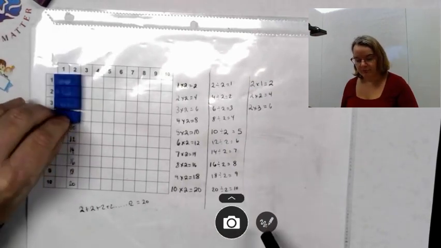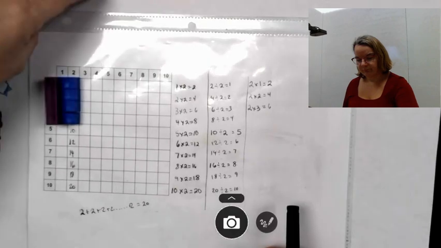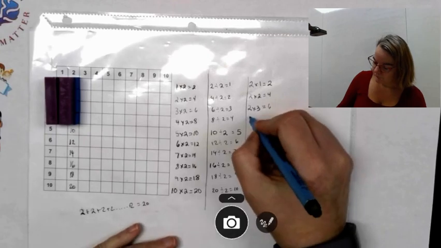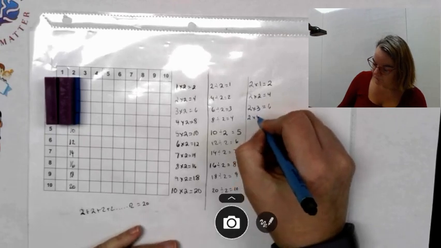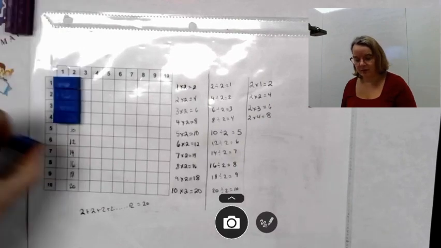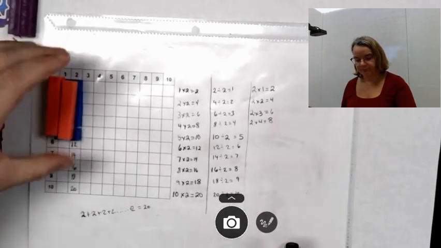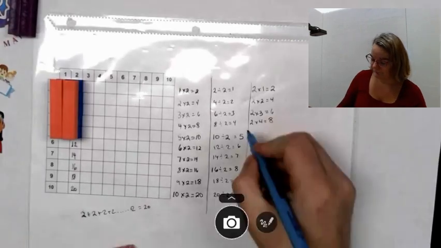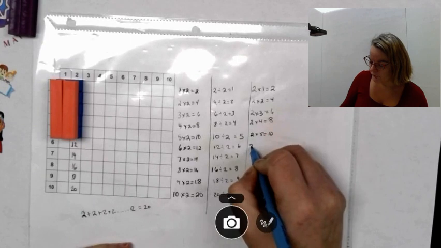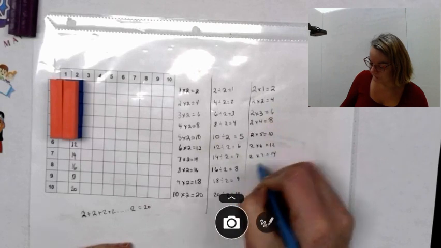So there's 4 2s, and I would need 2 4s to be able to match that. So 2 4s would give me 8. Okay, add another one. And now there's my 2 5s. They'll just keep going until they are completely finished building this.